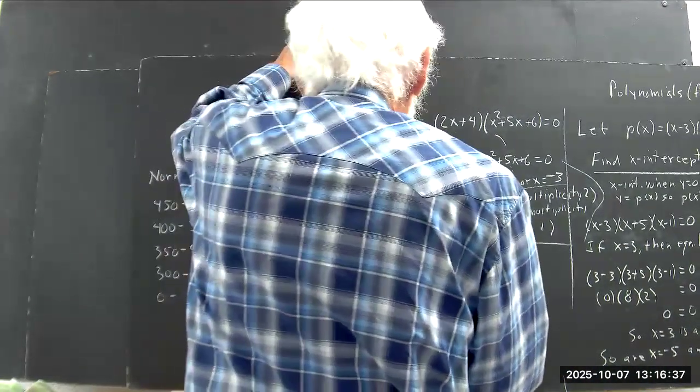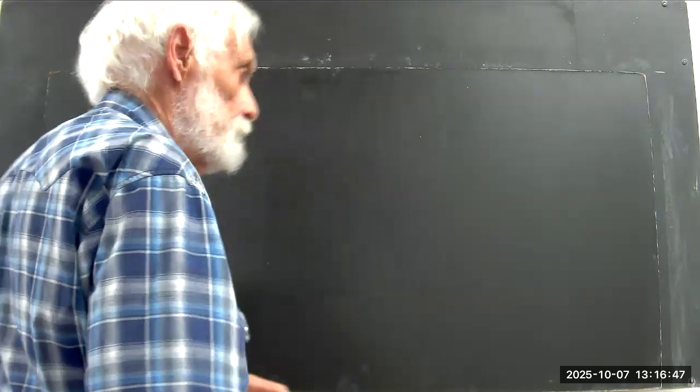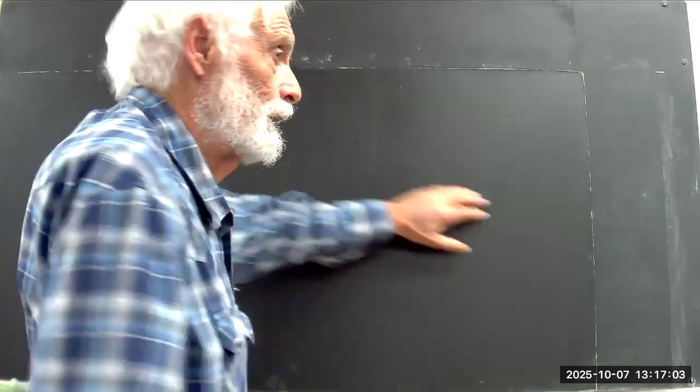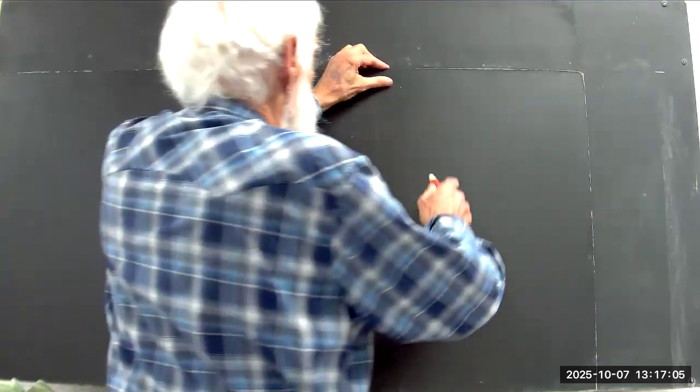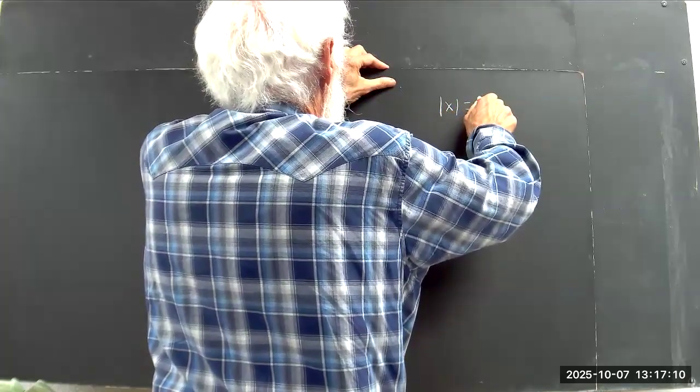All right, now we want to talk about absolute value equations and absolute value functions. Absolute value equations are generally, if they're linear, really easy to solve. So let's just take one like that. Let's take absolute value of x equals 7.